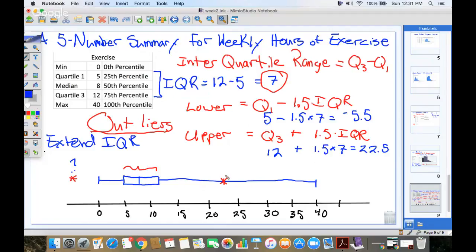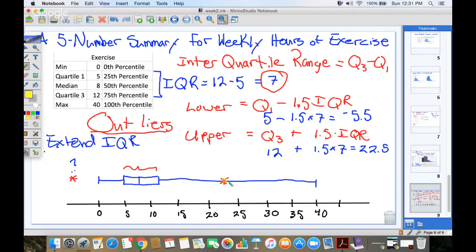The upper end of where we're going to look for outliers is to take Q3 and extend it 1.5 times the IQR. So from my 12 here, I'm going to jump out 10.5. So 12 plus 1.5 times the IQR gives me 22.5. Now this number is important because it is within my data set.